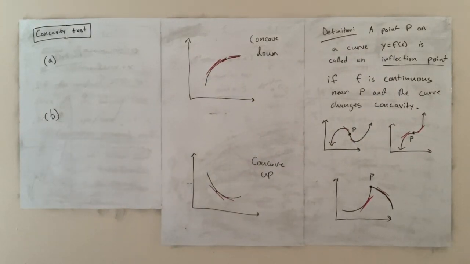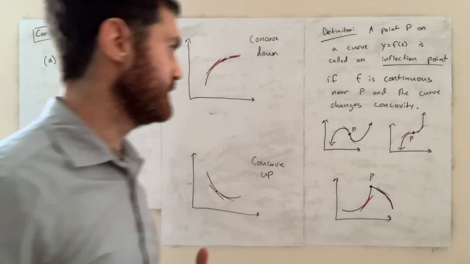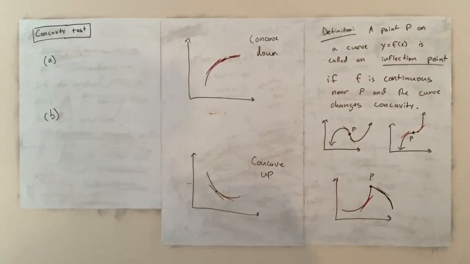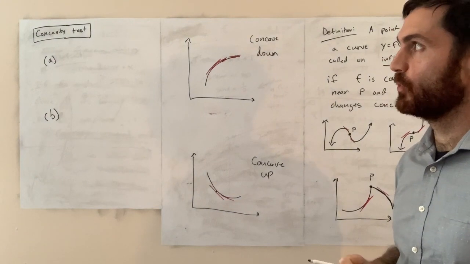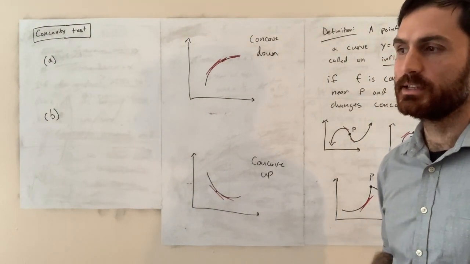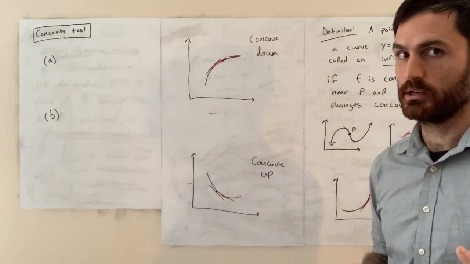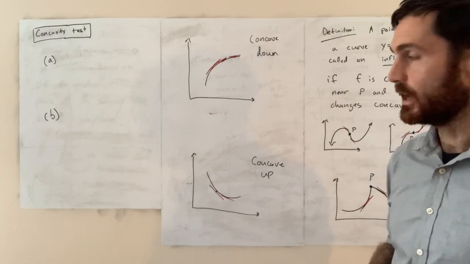Okay, so we have a concavity test, very much like we have increasing and decreasing tests. In fact, you can think of the concavity test as a test for increasing and decreasing, but of the derivative of the function instead of the function itself.